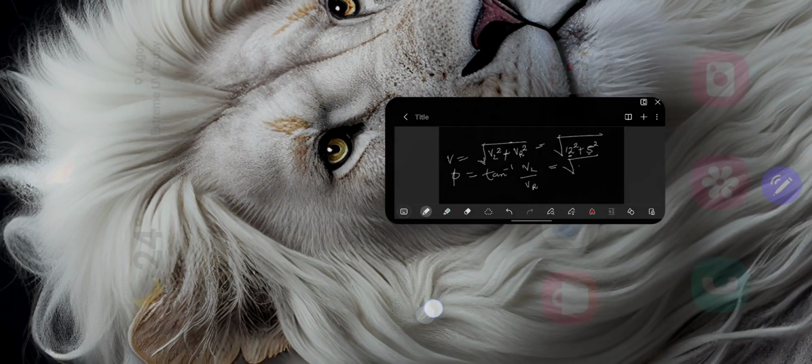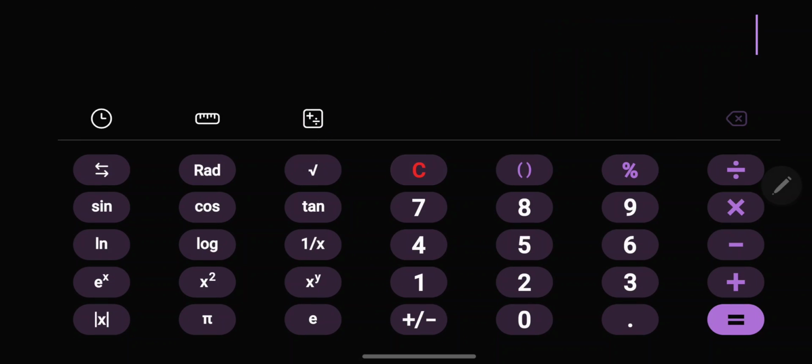So if we do this, it will be 12 squared. I know 12 squared, but I don't want to rush into the solution. I want us to be able to follow through. So we find 12 squared, which is 144. Then we also find 5 squared, which is 25.